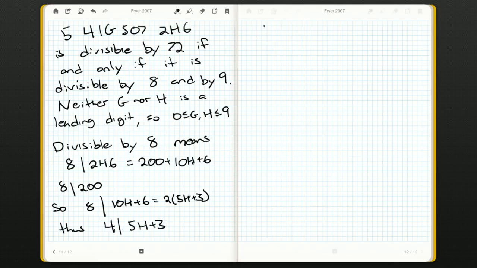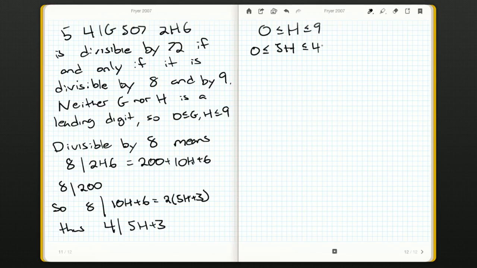So H is between 0 and 9. So 5H is going to be between 0 and 45. And that means 5H plus 3 is between 3 and 48.